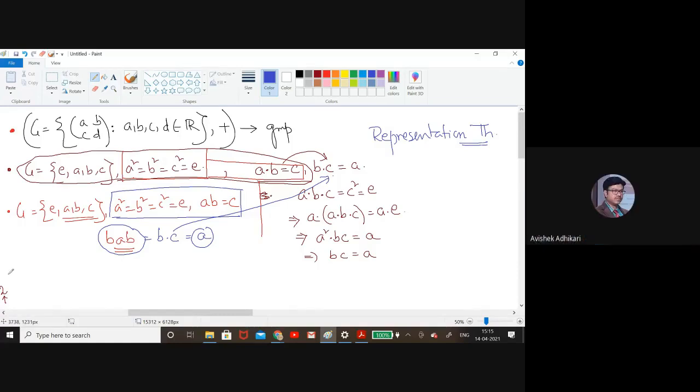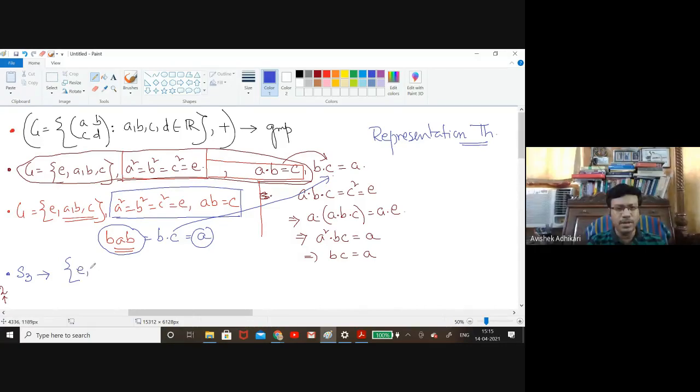In a similar way, like S3, we have already explained in S3: E, R, R square, and then flip F, RF, R square F. And we also had a few extra symbols and extra relations like R cube equal to F square equal to how much?